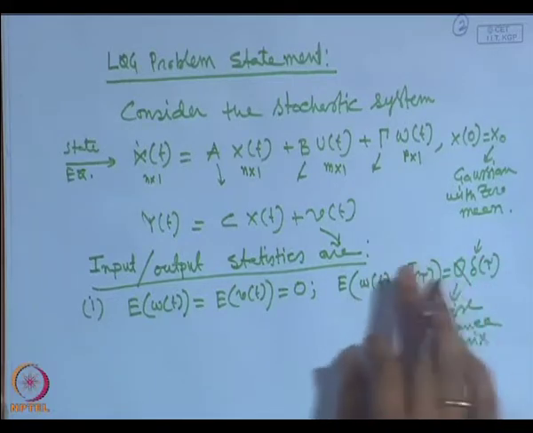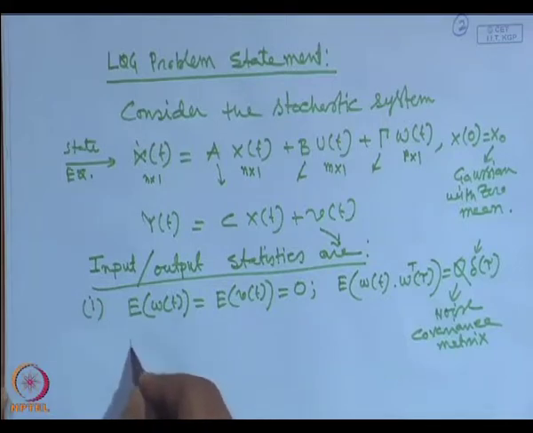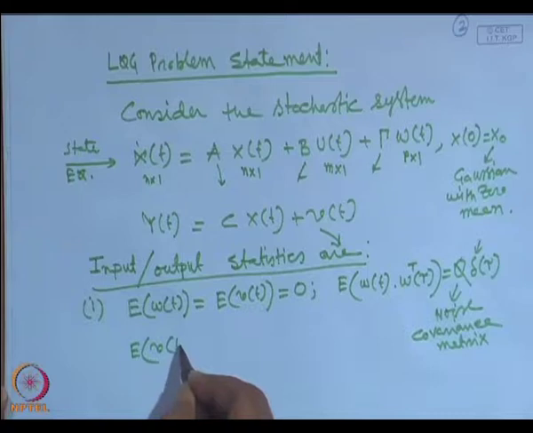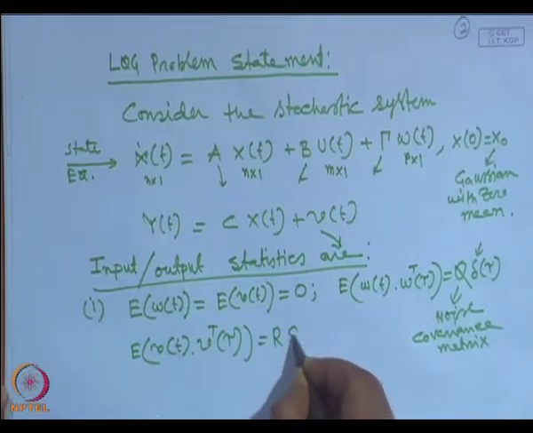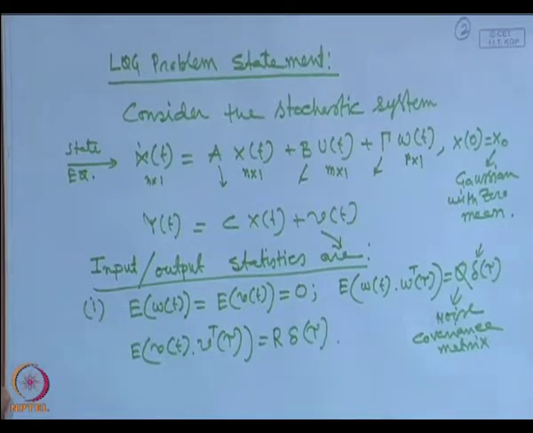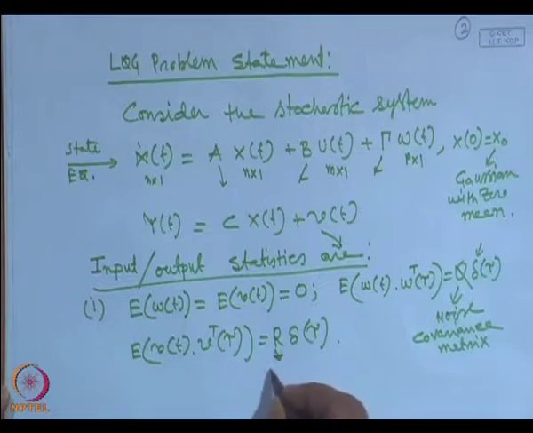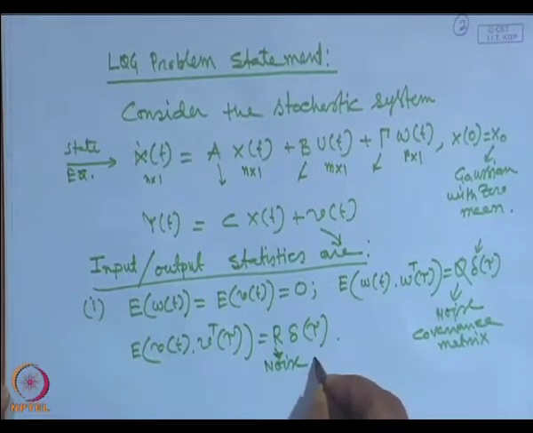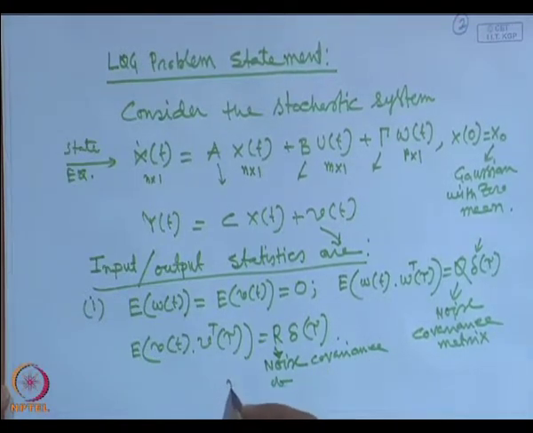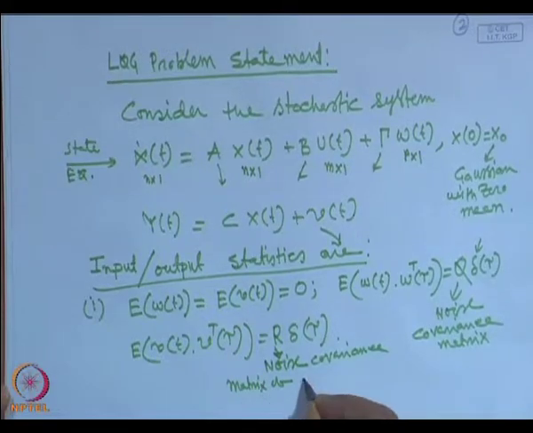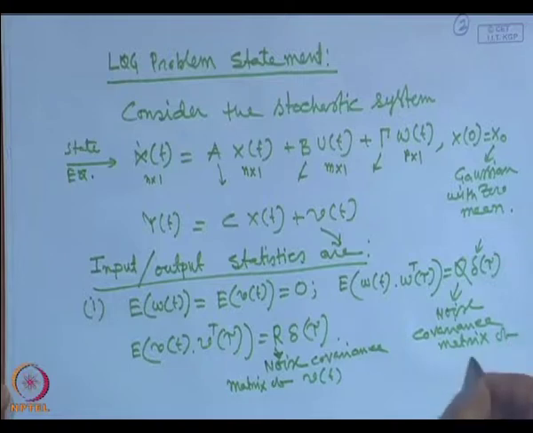That means they are uncorrelated, and this V of t into V transpose of tau is equal to R delta of tau, and this is the noise covariance matrix of the measurement noise V of t.